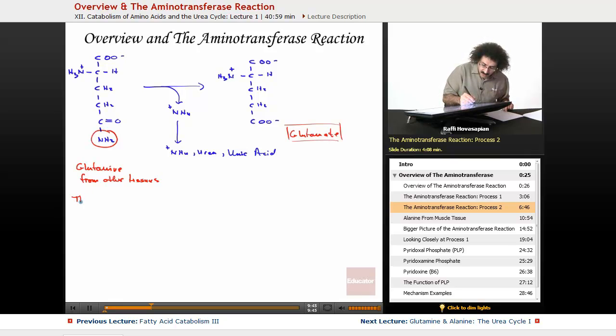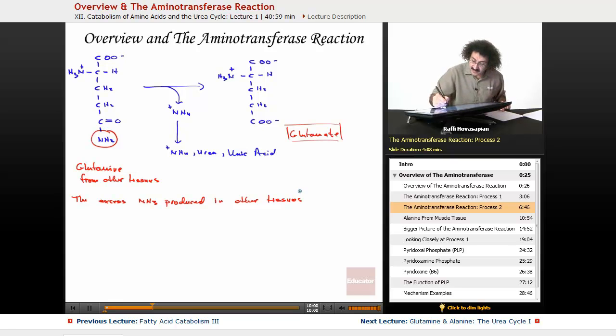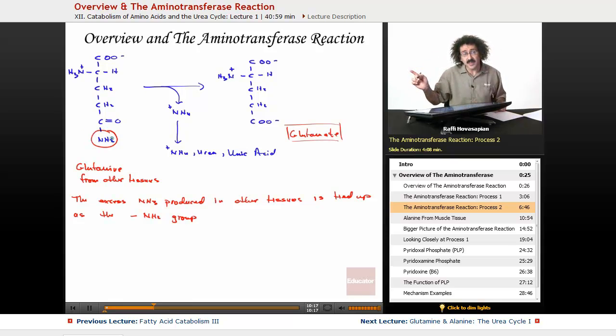Okay, now the excess NH3 produced in other tissues, as we just said, is tied up as the NH2 group of glutamine. So it's very, very important. It's this NH2 that is the ammonia, the excess ammonia from other tissues, not this.